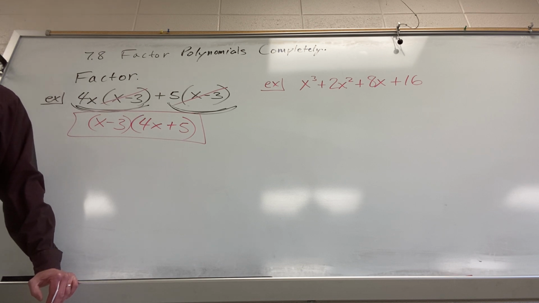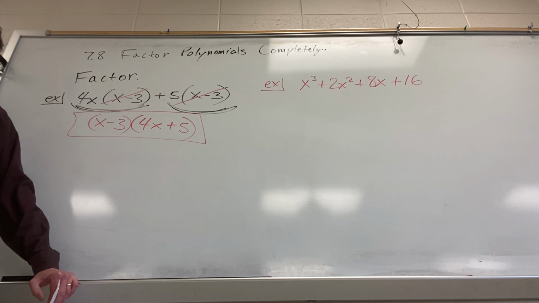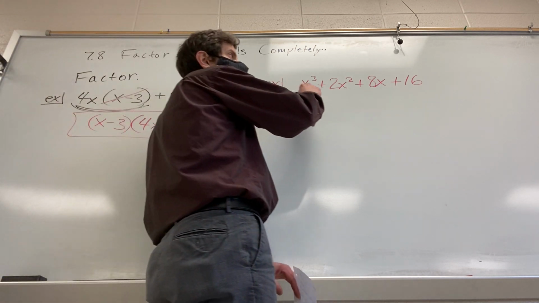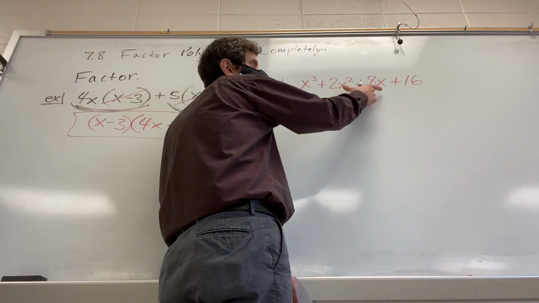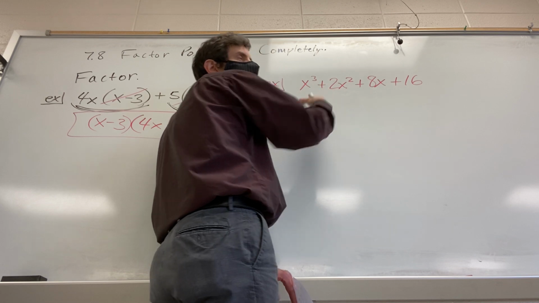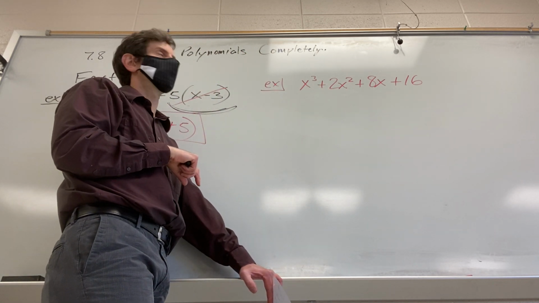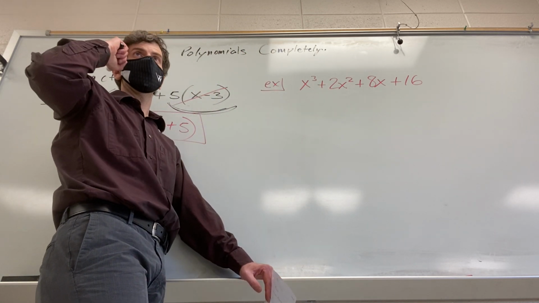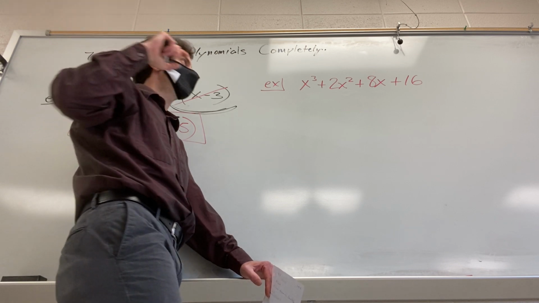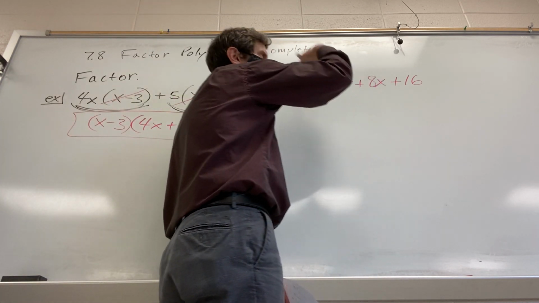I think so, yeah. Now let's back things up. I like that, Silas. But let's back things up a little bit. Could we maybe combine some like terms here? No. You cannot. But that's an important thing to realize, because guess what a lot of people do? They add all these up and they do something weird with the exponents.